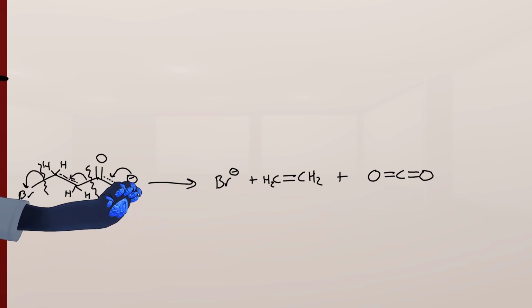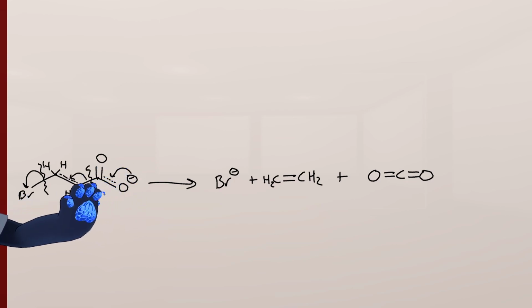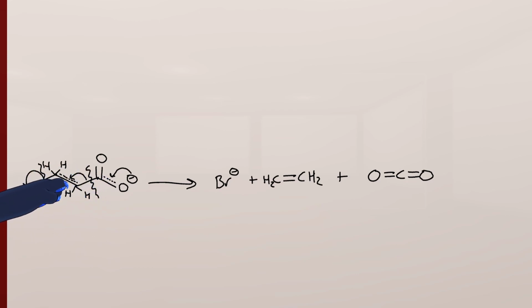One bond from the lone pair goes to make a double bond, and because the carbon can't be pentavalent, the bond between this middle carbon and the carbonyl carbon breaks, and that goes to form a double bond. Because of this double bond forming, this carbon at the end will become pentavalent.